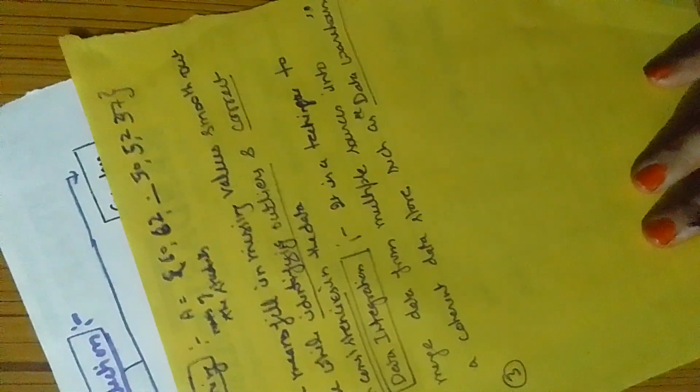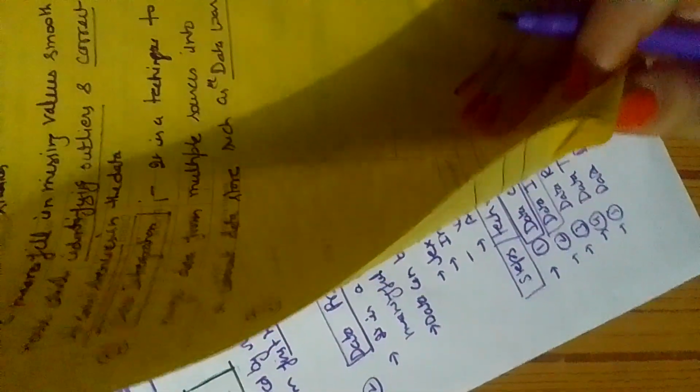Third step, what was the third step in data pre-processing? It was data reduction. So what is data reduction?